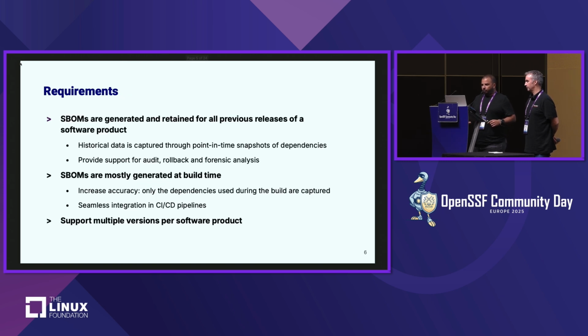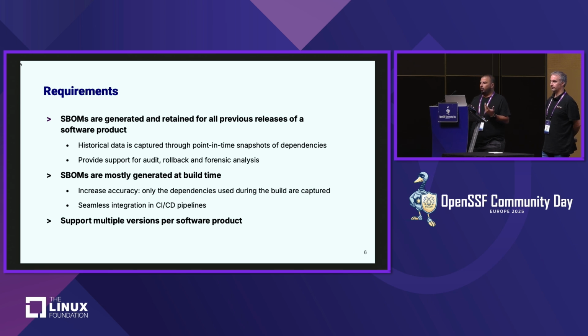And what are the requirements for that? We want the SBOMs to be generated for our previous releases, for what we produce. And we want to guarantee this during build time, not only when we ship it, but when we are building it. We know that we have products and projects with multiple versions.